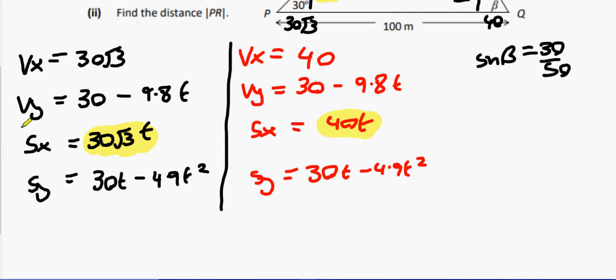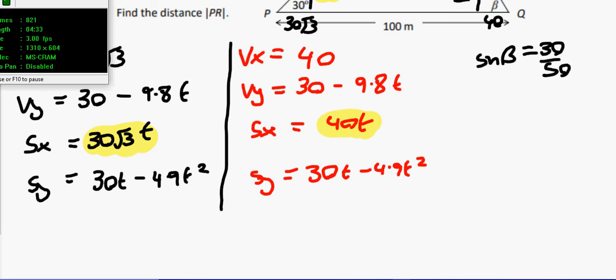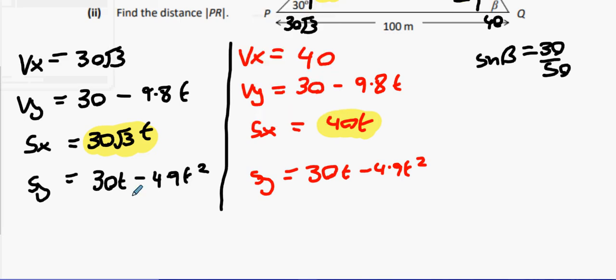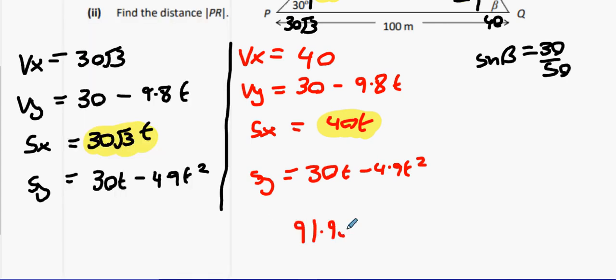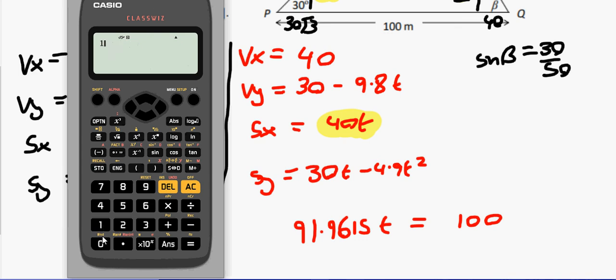So we add 30 root 3 to 40t, which gives 91.9615t equals 100. Then divide 100 by the answer we just got: t equals 1.0874.